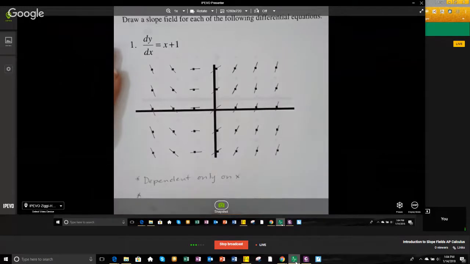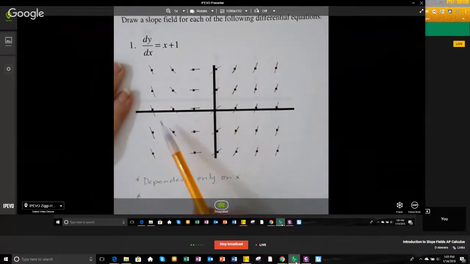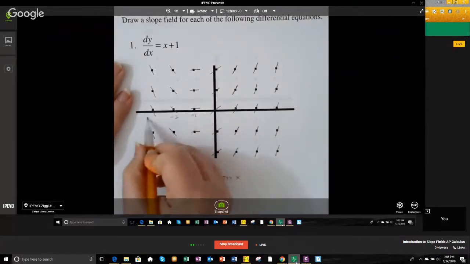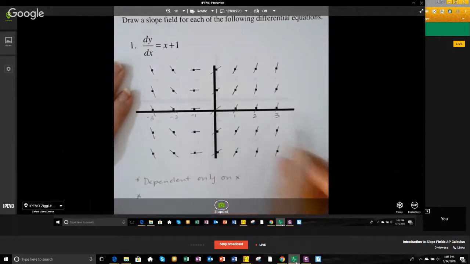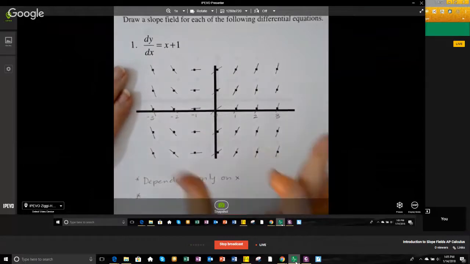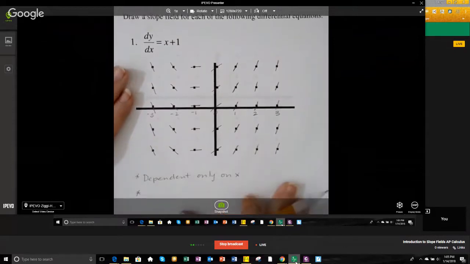Notice that all of these points are integer values, but you can have a slope field where you have slopes at fractional values too, or any real value. I just made these nice integers to start out with.